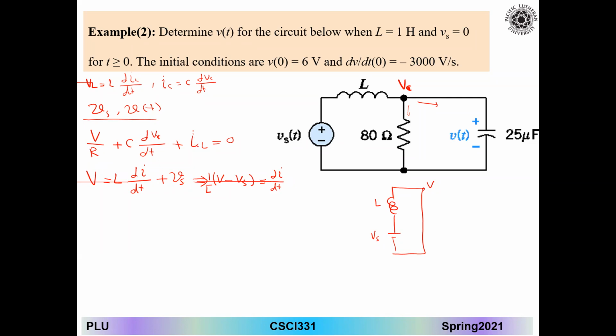What did we do last time? Integral. So here I have 1 over L integral of V minus VS dt, and this one is the integral of the first derivative of the current, dI by dt.